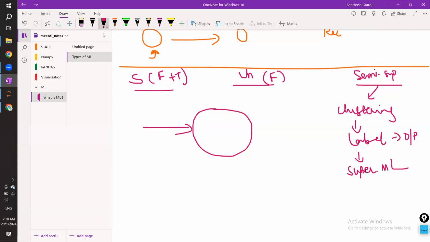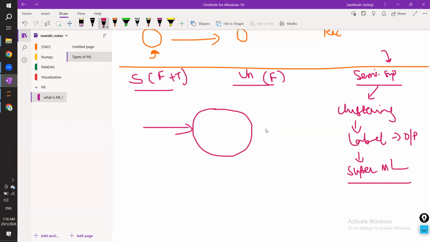Once you create the output or target variable, you have both input and output, and then you can apply supervised machine learning. That's why it is not direct supervised, because you don't have a direct output variable. When you got the data, you did not have the output variable, you created it, so that's why it's called semi-supervised. Finally it's going to become supervised, but it's not completely supervised.